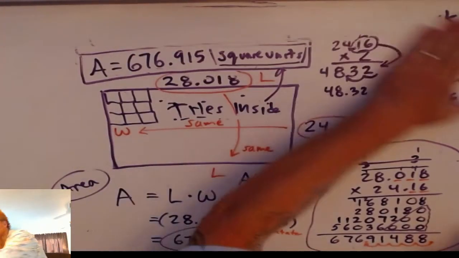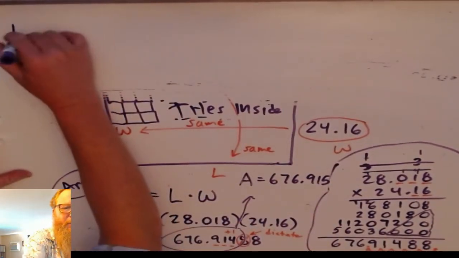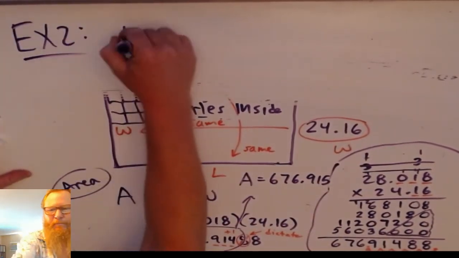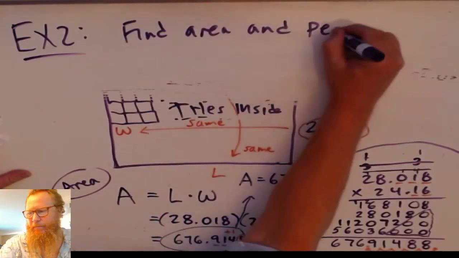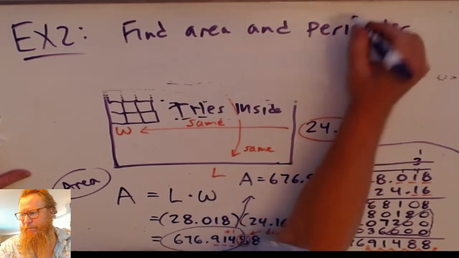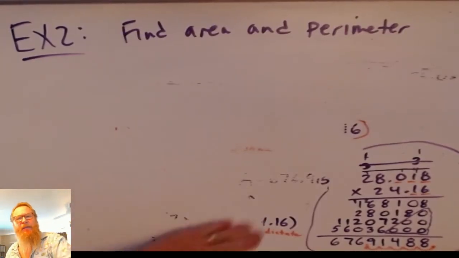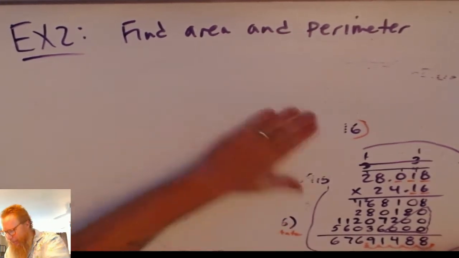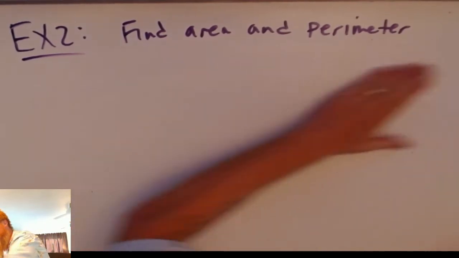Let's do a non-rectangular shape. So a shape that's made out of rectangles, but it itself is not actually a rectangle.